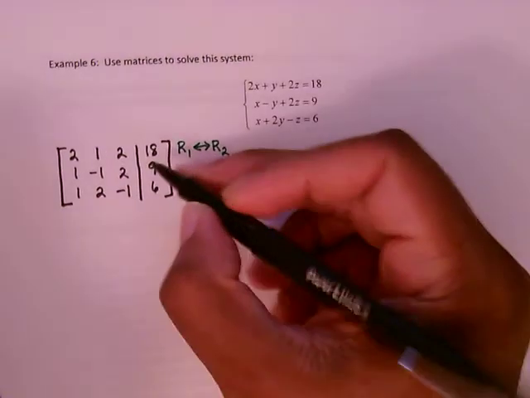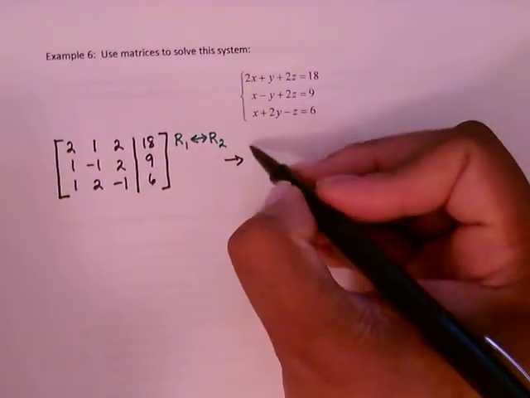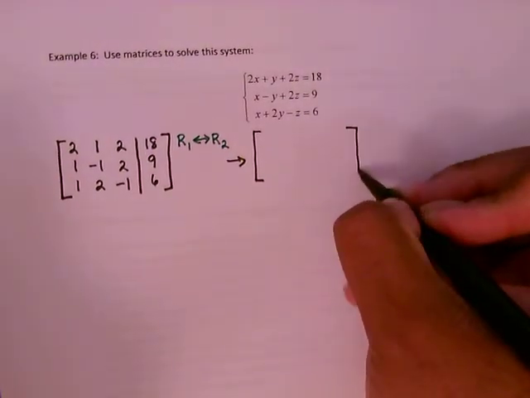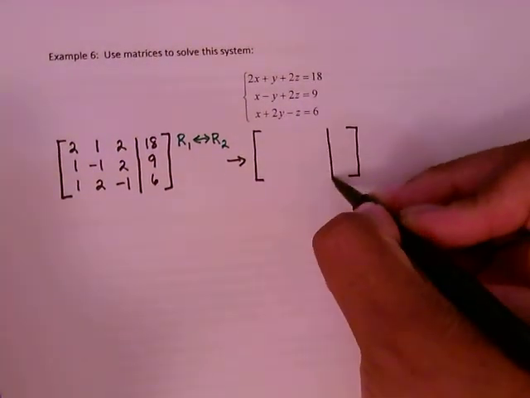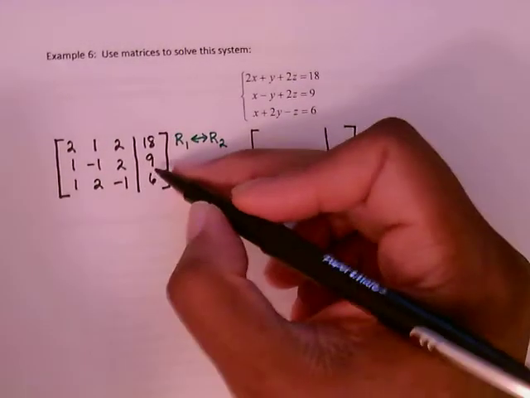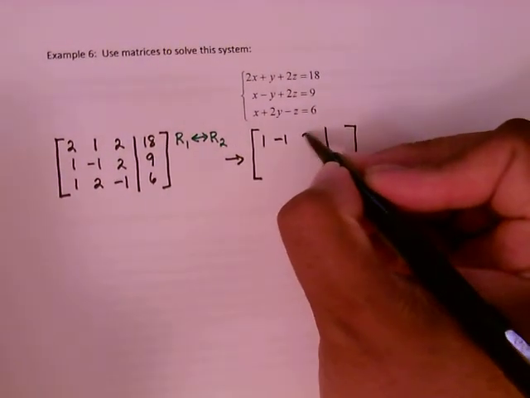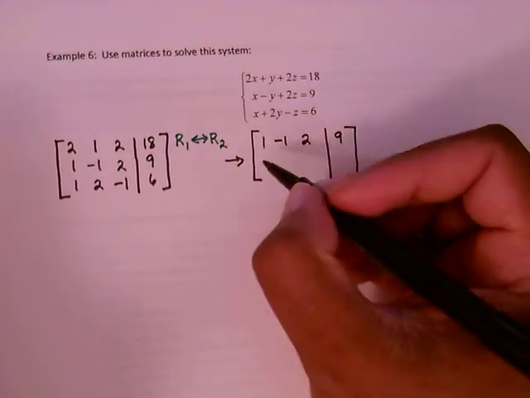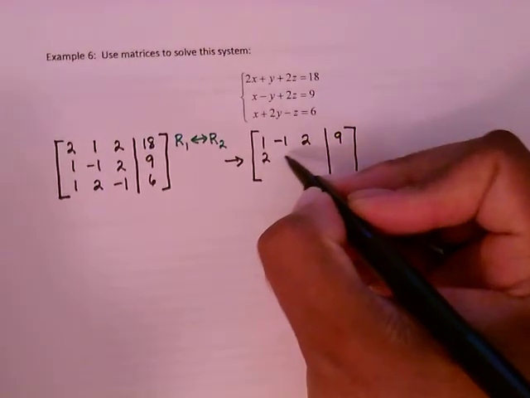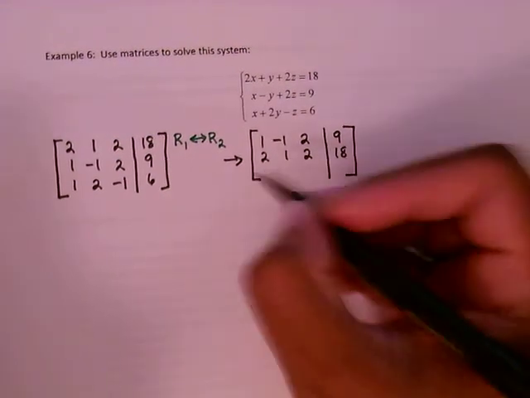So if I interchange the first 2 rows, this is what I will have. Row 1 will become, this row 2 becomes row 1. So it'll be 1, negative 1, 2, and 9. Then the second row will be what was row 1, 2, 1, 2, 18.